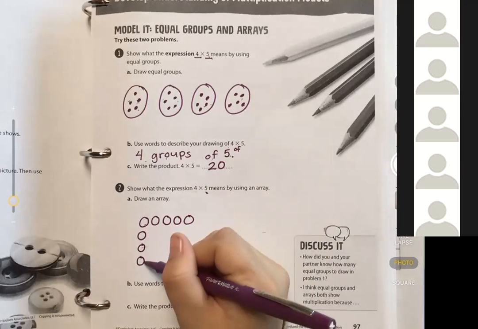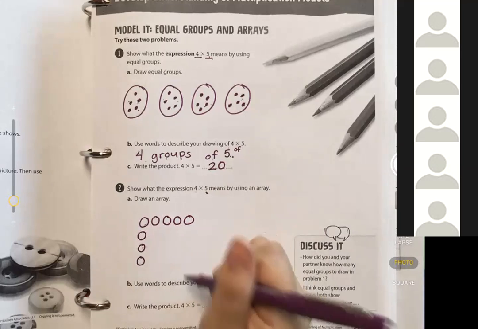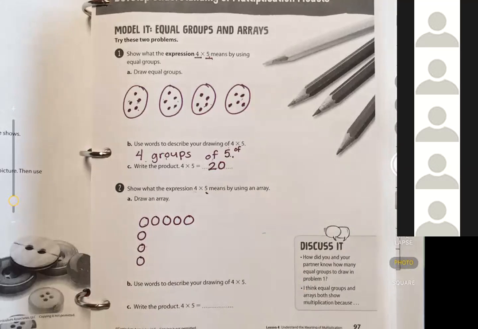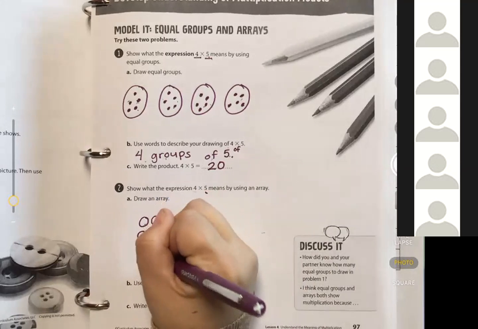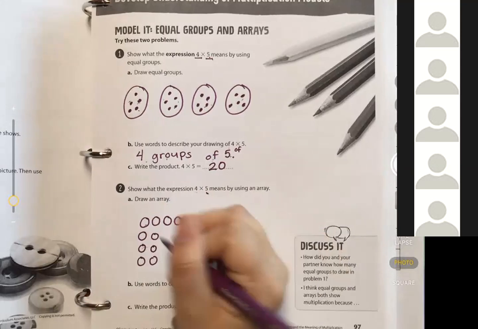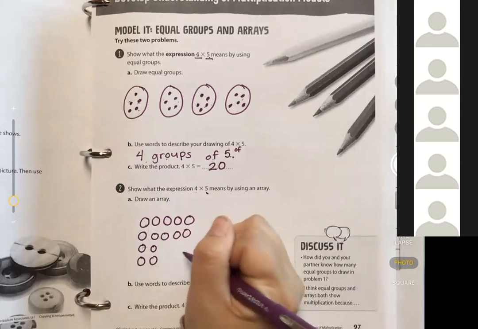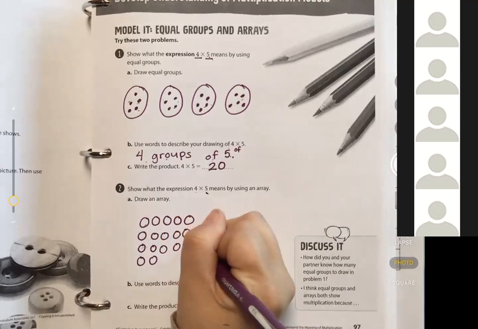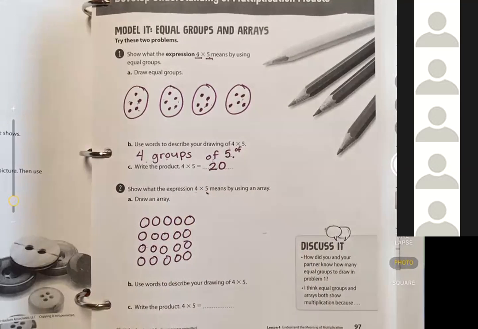So I know how many rows now, right? I know how many columns now. Now I need to fill in the rest. So I'm gonna complete my columns and my rows. So I have 4 going down. You could do it this way, or if it's easier, you can fill out your rows. Okay, whichever one works for you, but you need to make sure, this is something really important.